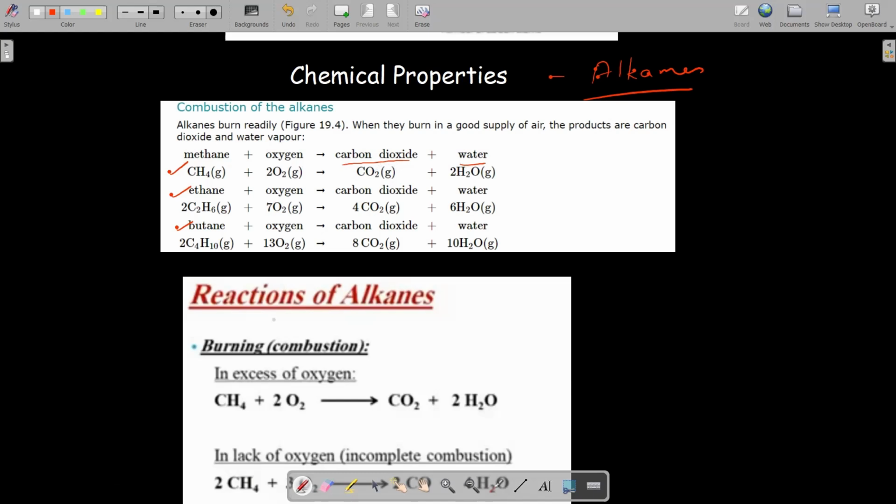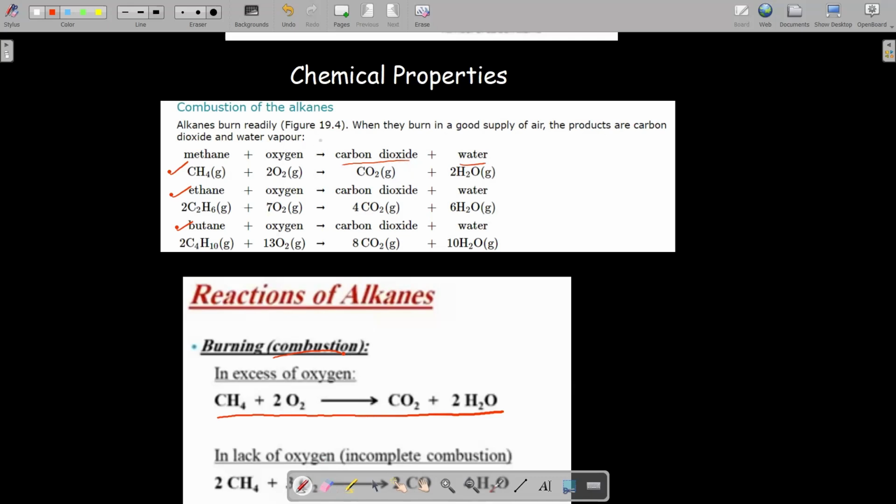This is called combustion. Burning in excess of oxygen is called combustion, and any alkane which burns in excess of oxygen will produce carbon dioxide and water. Remember, the same products are obtained whichever alkane is burned, so long as there is a sufficient oxygen supply.